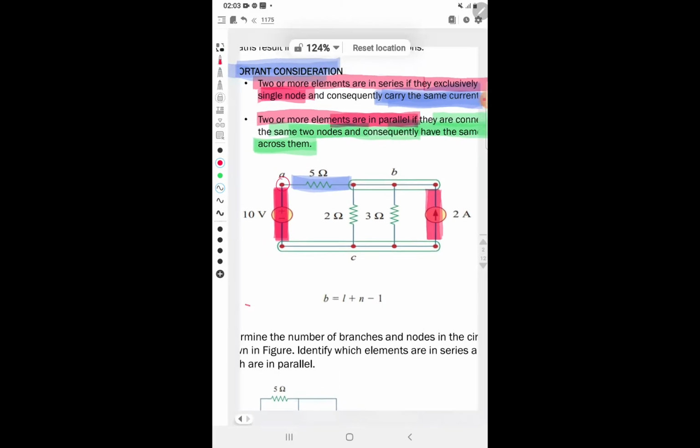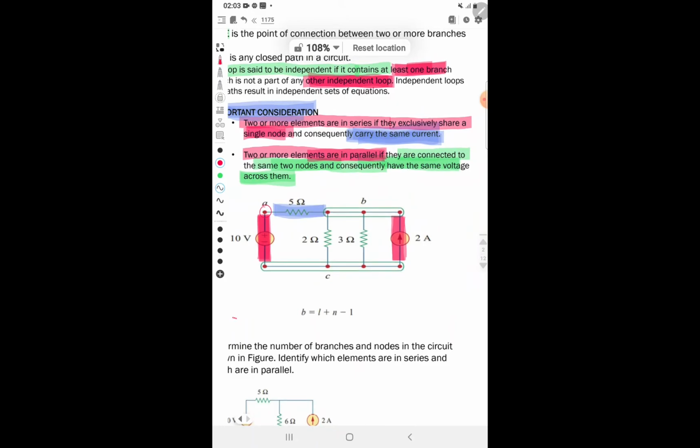Take note, they share a single node. Okay, and their series connection is in parallel with our 2 ohm resistor, which is connected in parallel with the 3 ohm and our 2 ampere.